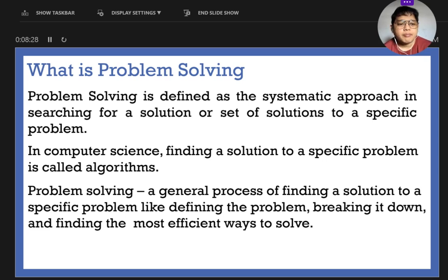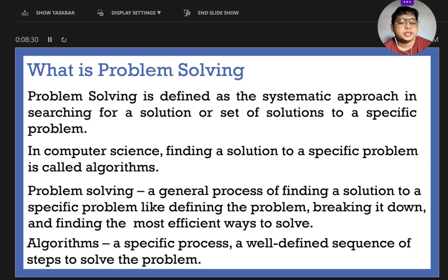However, algorithms is a specific process, a well-defined sequence of steps to solve the problem. So, problem solving is a general process, while algorithm is a specific process of finding a solution.